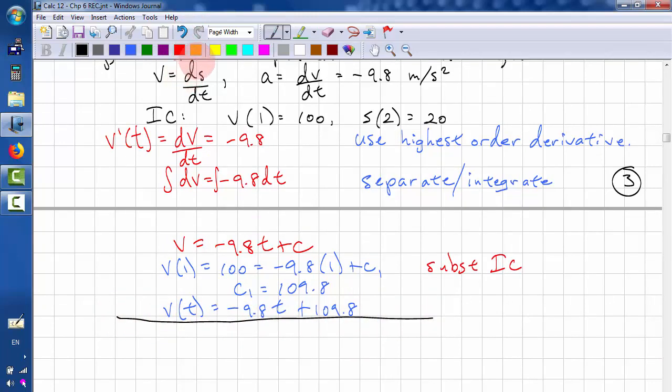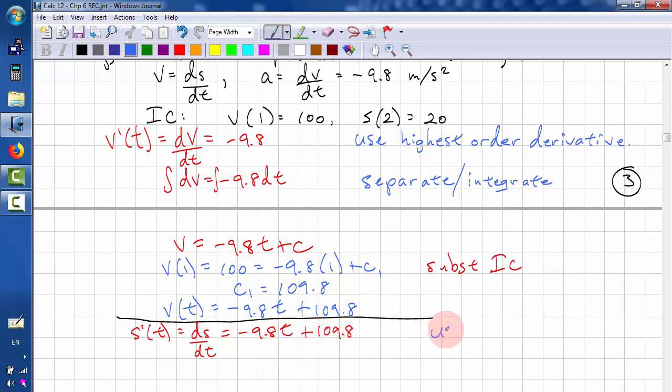That's the first level. Now we need to do the second level. S prime of t equals ds dt equals negative 9.8t plus 109.8.